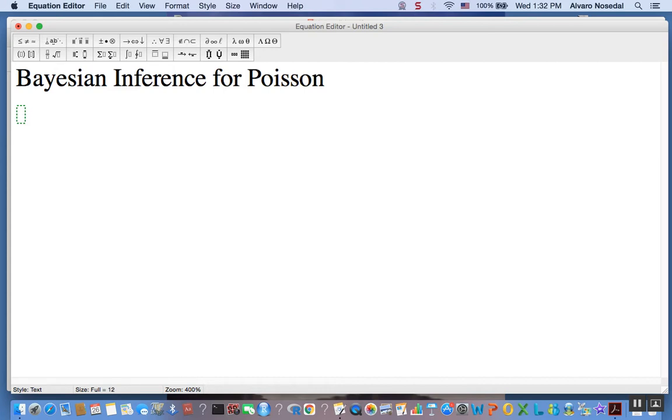So, our parameter. We could use the letter lambda or mu. In our textbook, the authors use mu to refer to the mean of a Poisson. So let's use mu.